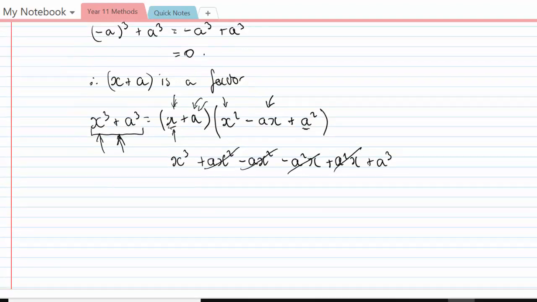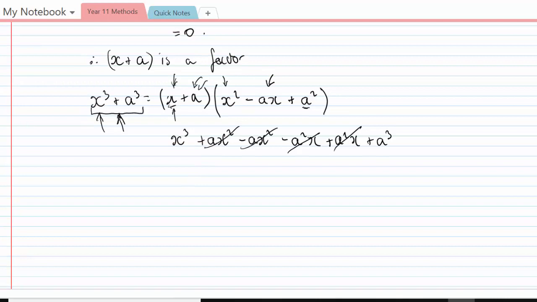And we can actually then really easily get the rule for x cubed minus a cubed. That's because x cubed minus a cubed could be written as x cubed plus negative a cubed. So we're really just substituting a for negative a.